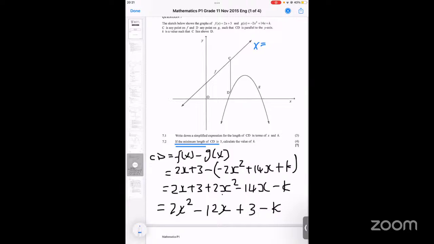negative b over 2a. That's where you will get your minimum length. So as you solve for your k value, just remember that this is where your minimum length is, or that will be the x value for your minimum length.